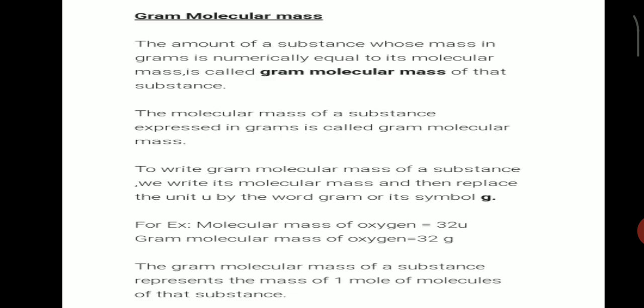In the case of atomic mass, we studied that atomic mass is the mass of the atom. And we studied one more term, that is gram atomic mass. How did we calculate the gram atomic mass? It is the same as atomic mass, and we are expressing the atomic mass in terms of grams.